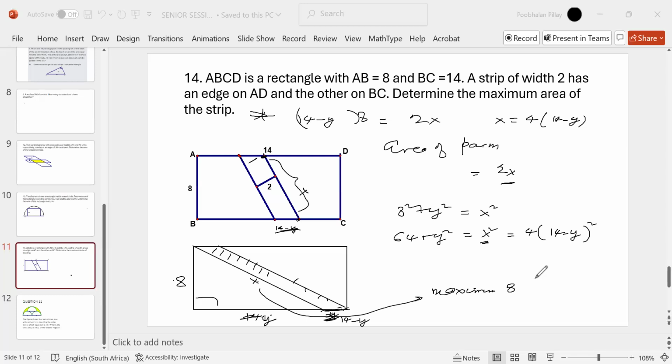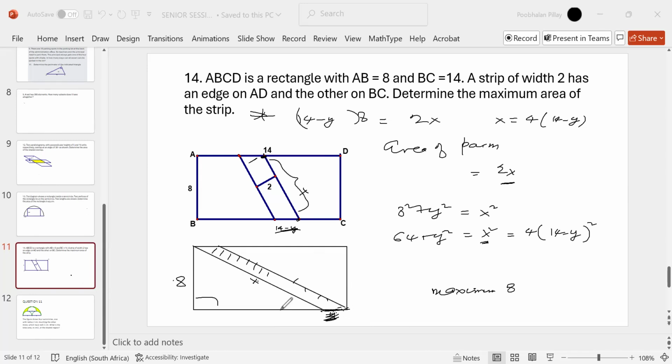Okay, it looks rather complicated, but I think if I used X here, Y here, then it would have been easier. If I chose Y to be this, then I don't have a complicated equation.